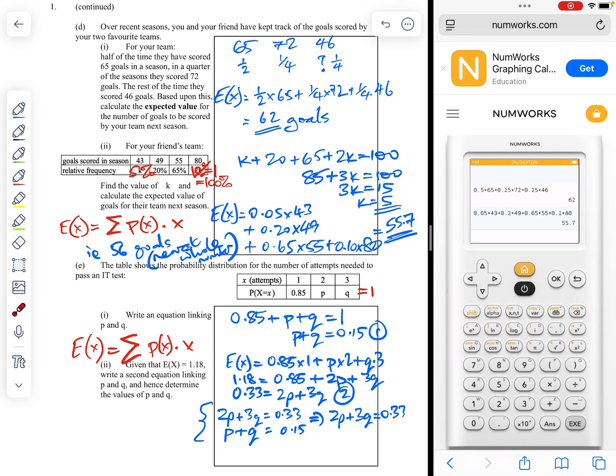If we double this, we're going to have two lots of P and two lots of Q is 0.30. Then what we could do is, if we take this on the left away from this on the left, it's going to give us the same answer as this on the left, subtract this.